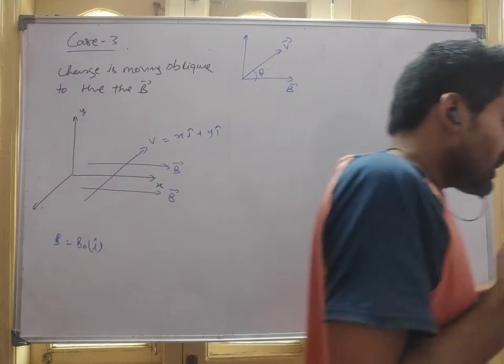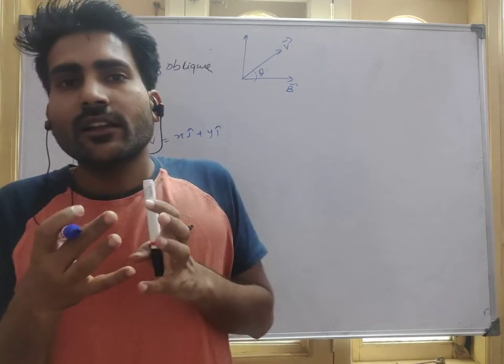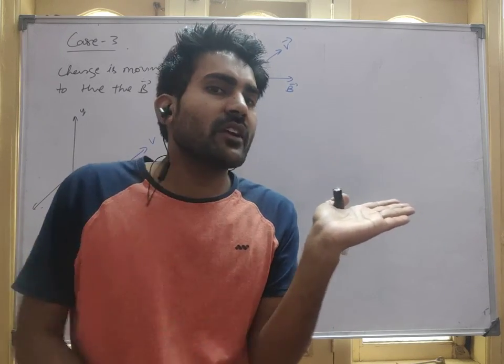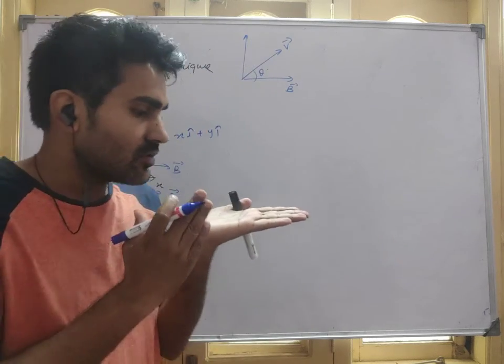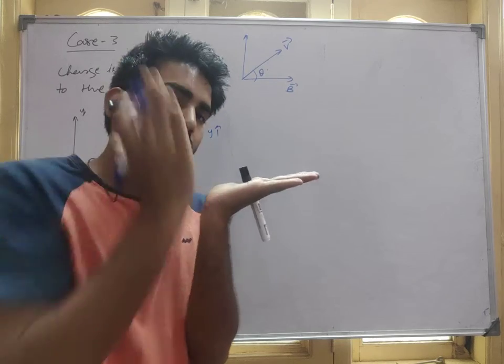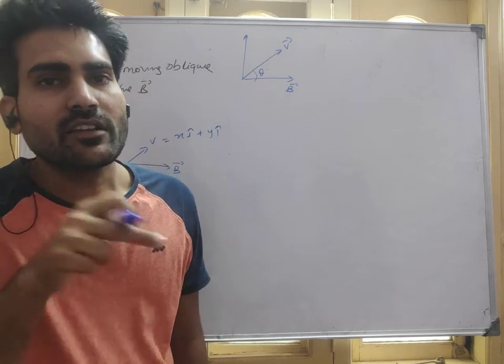Okay. One thing we have seen is that whenever the particle is along the field, there will not be any effect on the motion of the particle. But when the charge is moving perpendicular to the magnetic field, it will go in a circular motion.